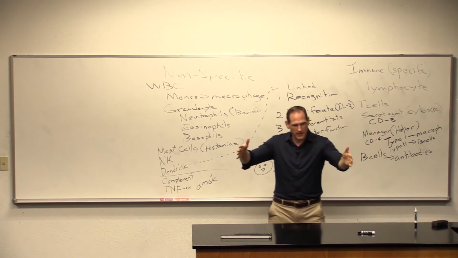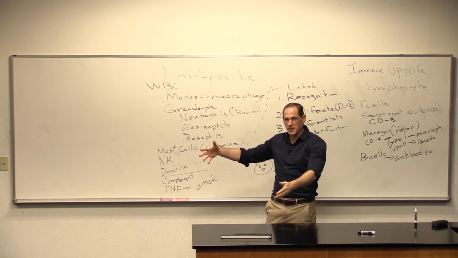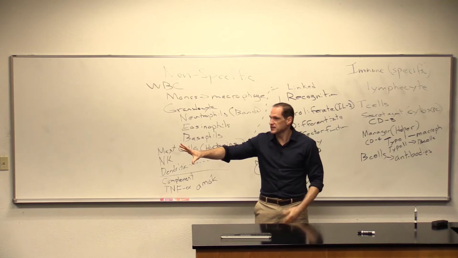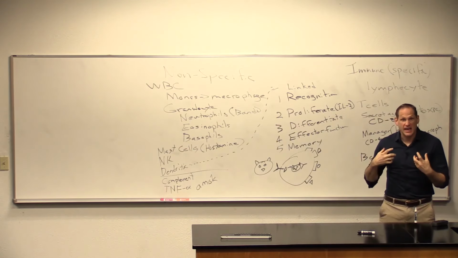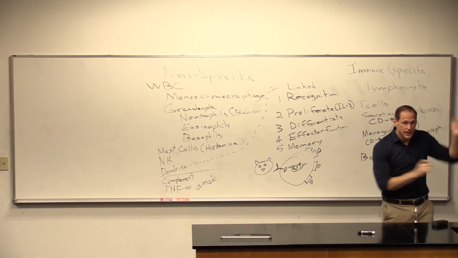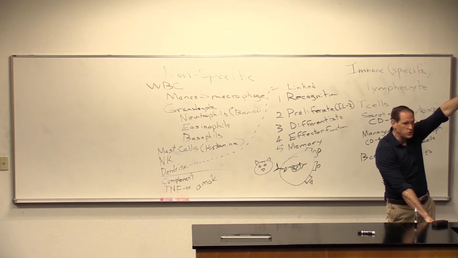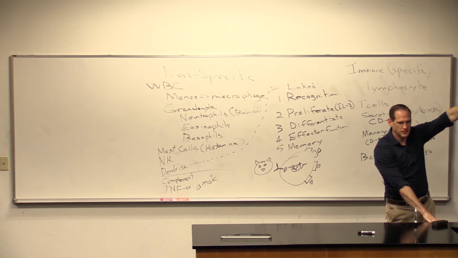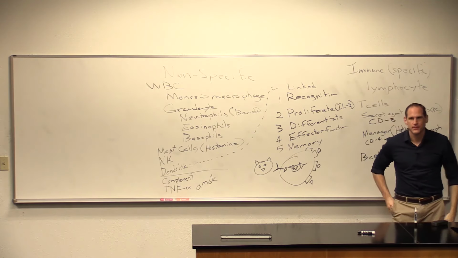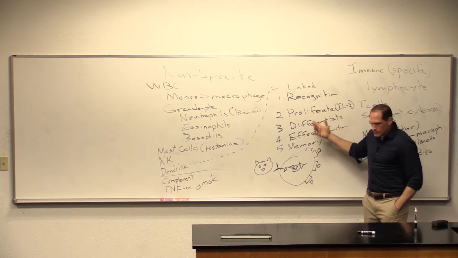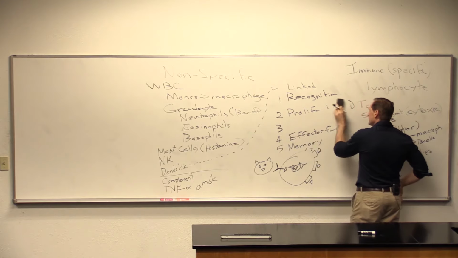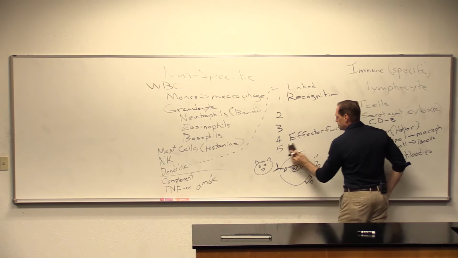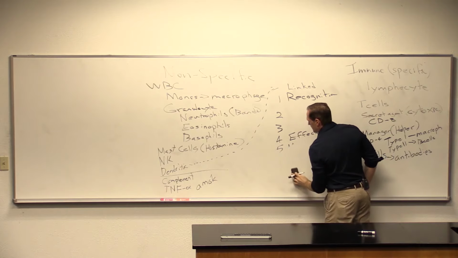So in T cell recognition, the T cell is being asked, do you recognize this? Yes, I do. Okay, kill it. The B cell is saying, hey, I want to kill this thing here. Do you recognize any of these? If you do, I can kill it. Does that make sense? So it's a little bit different, but similar. Now, the next 2 steps, proliferation and differentiation, are a little bit different for a B cell.